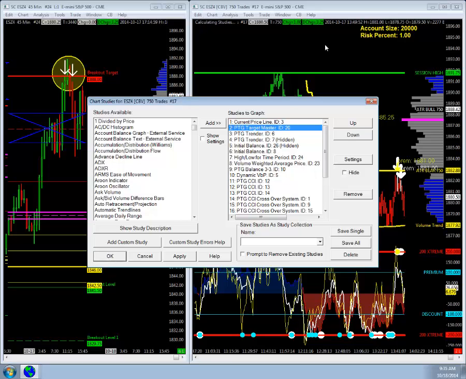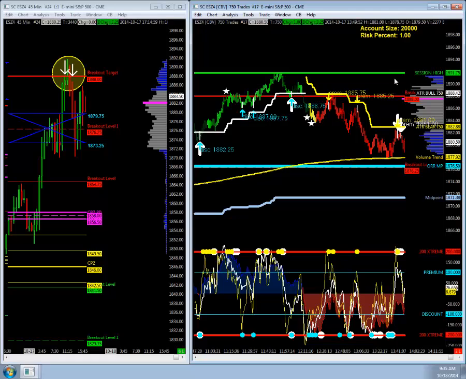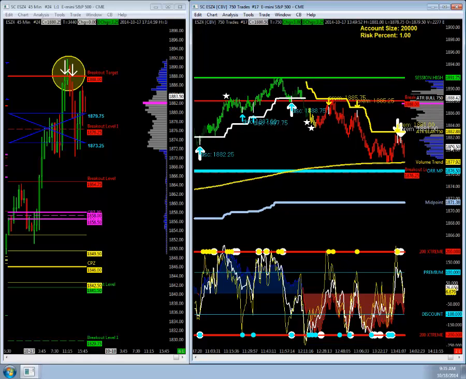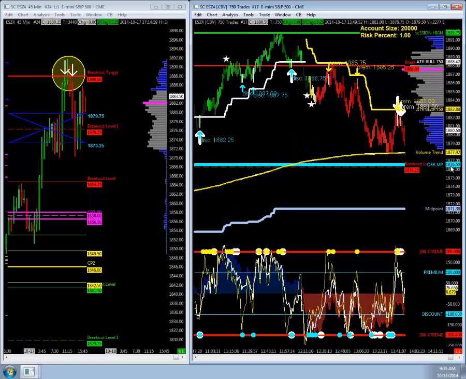And what you'll see here is that the target master level there, the breakout level, is now displayed right on the 750 tick chart. So that can help give us some reference after we've viewed the 45-minute chart.